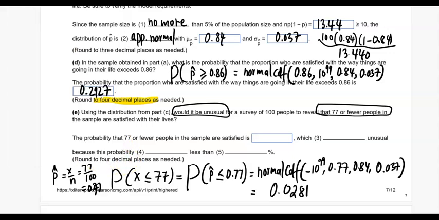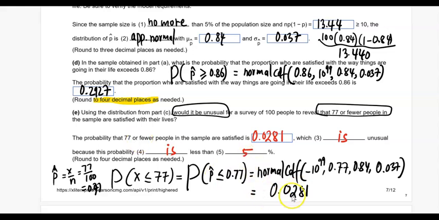So the probability that 77 or fewer people in the sample are satisfied is 0.0281, which is unusual, because the probability is less than 5%.